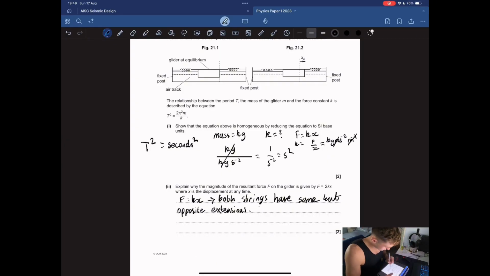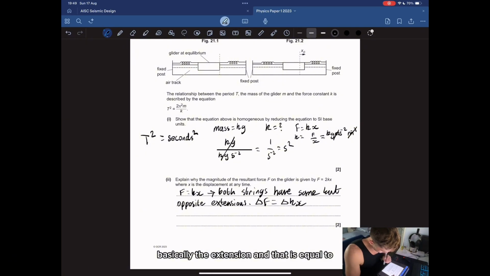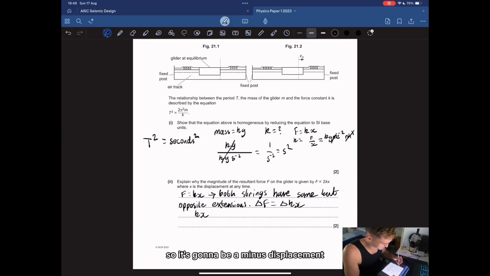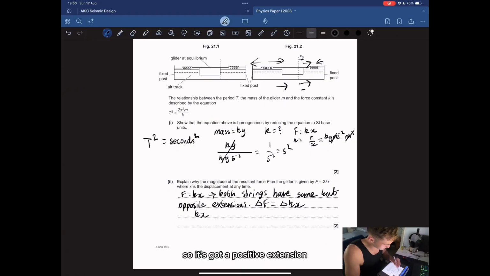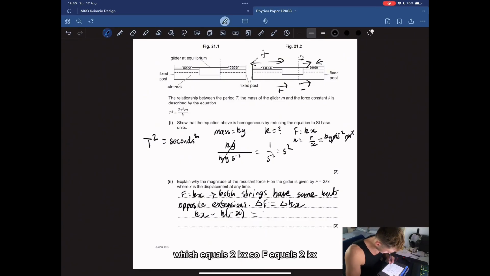So the change in force is equal to the extension, k positive x, and one's going the opposite direction, so it's going to be a minus displacement. This one's getting a smaller extension because it's being compressed, and this one's getting elongated, so it's got a positive extension. But the difference is kx minus k lots of minus x, because it's got a minus displacement, which equals 2kx. So F equals 2kx.